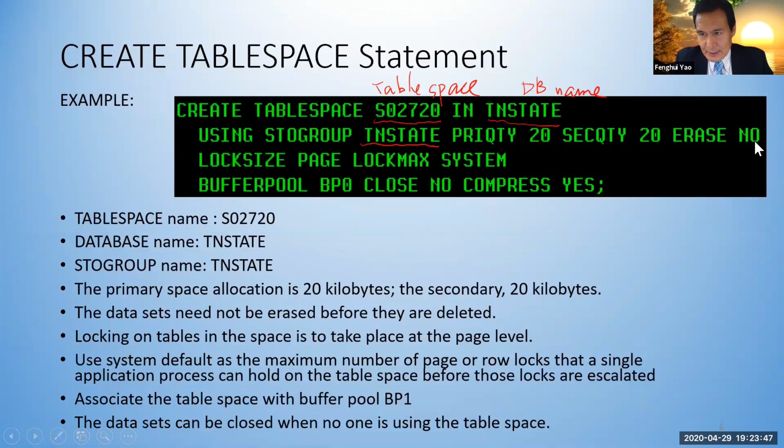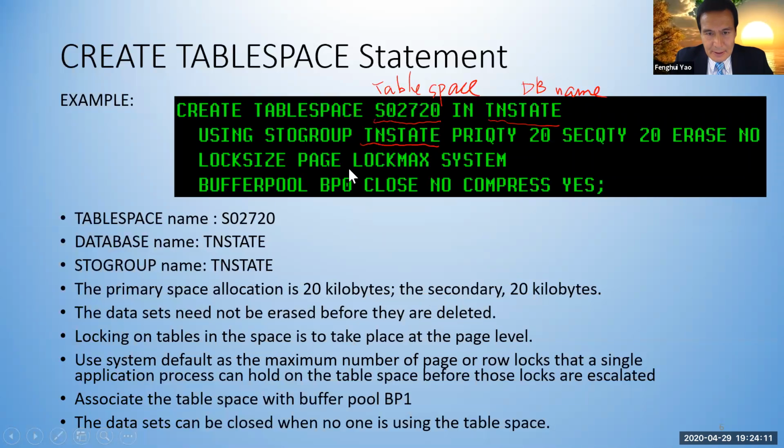This erase no means the data set needn't be erased before they are deleted. Okay. The next, log size page. Log size page means logging on tables in the space is to take place at the page level.